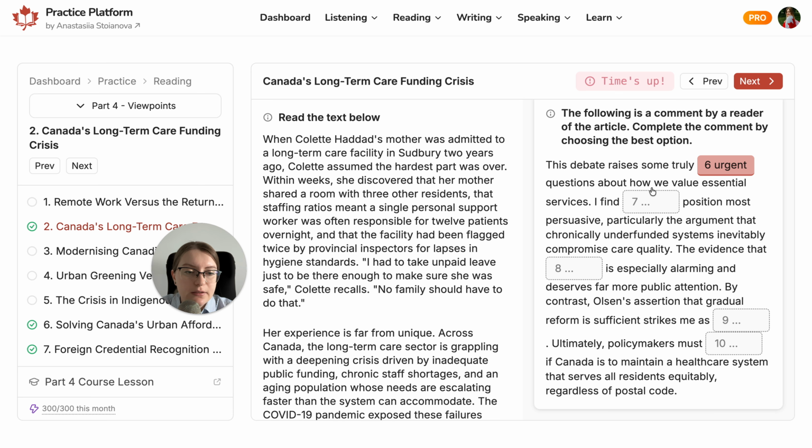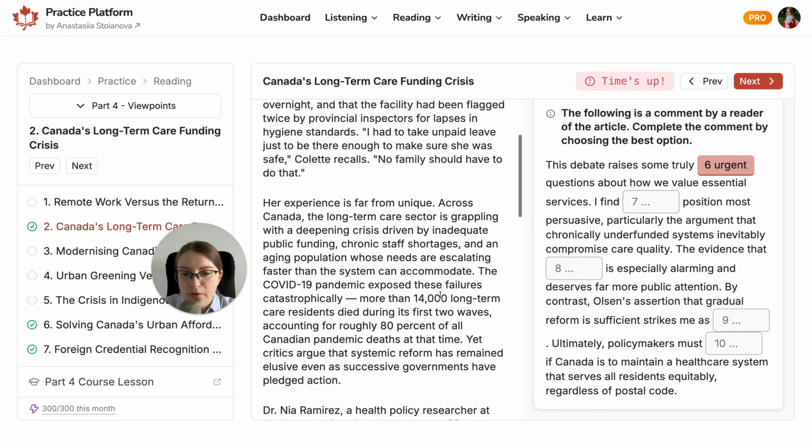I find, and then somebody's position most persuasive, particularly the argument that chronically underfunded systems inevitably compromise care quality. Underfunded system, it means that not enough money. Who talked about the money? Not enough money, compromise care quality, not enough people, not enough money.